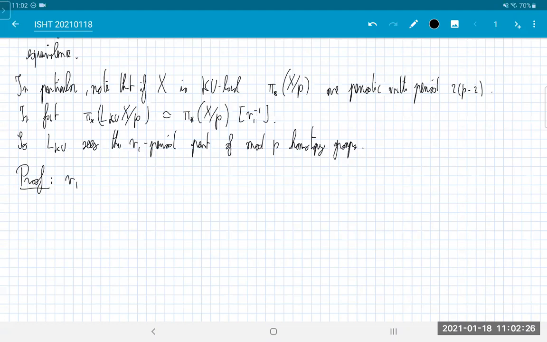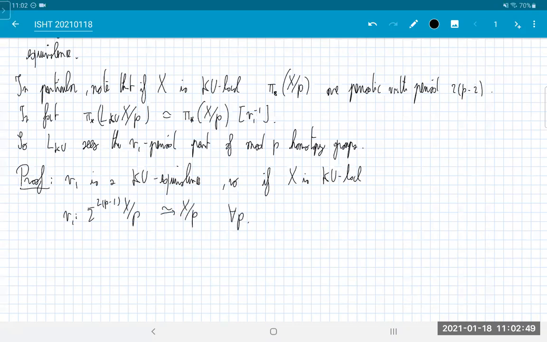Well, v1 is a KU equivalence. So if X is KU local, v1 from Σ^(2p-2) X mod p to X mod p is an equivalence for every p. So that's easy, because the fiber is acyclic and KU local. Therefore, good.